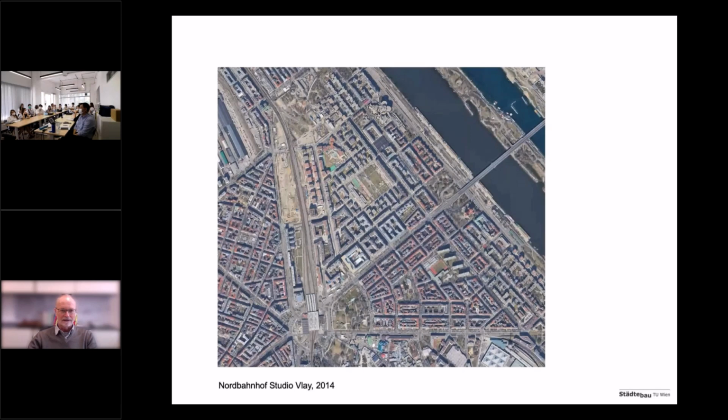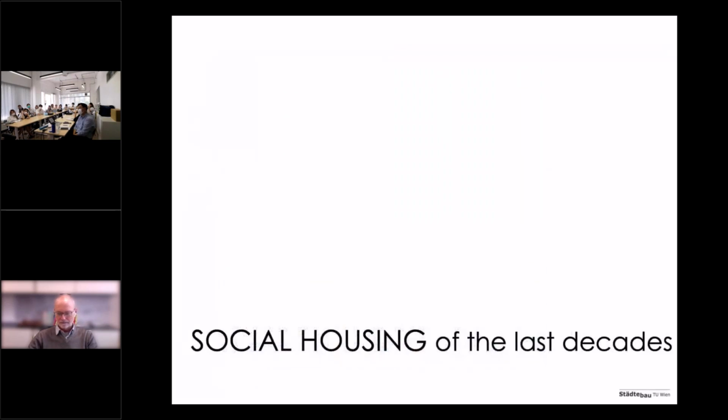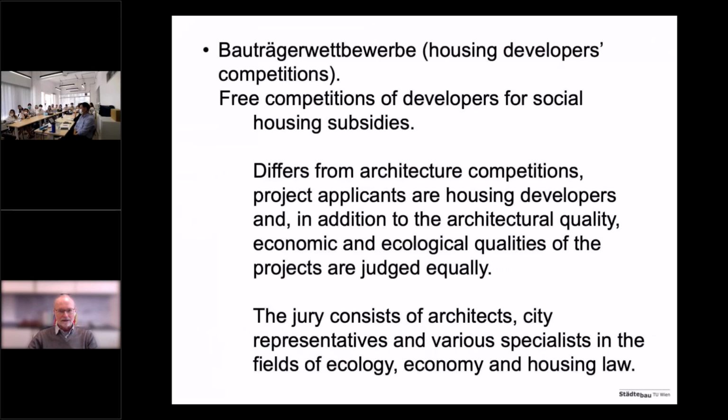So as you can see here, it's embedded in the existing city fabric, and it's still in the process of developing. So I would like now to explain a little bit about the process.